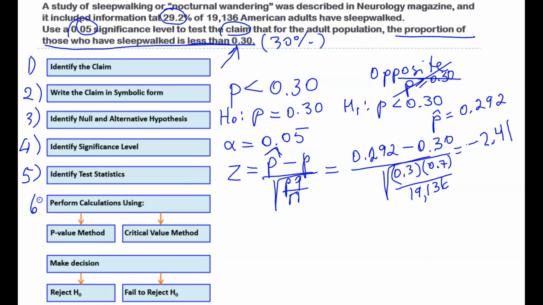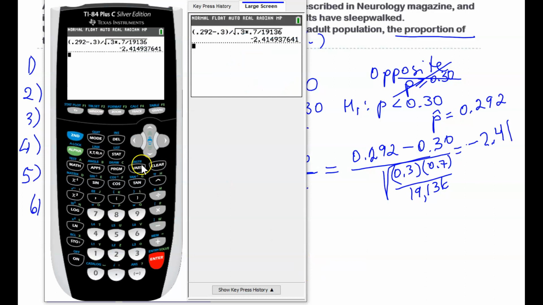Next step, we want to perform the calculation using p-value method and the critical value method. Let's first use the p-value method. We're going to use the graphing calculator first.